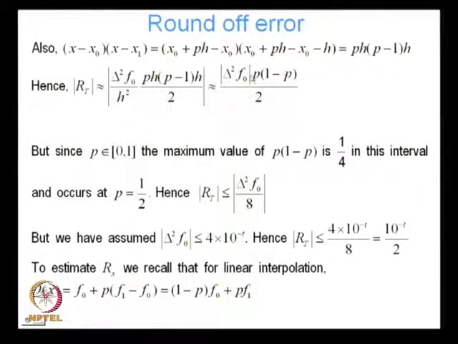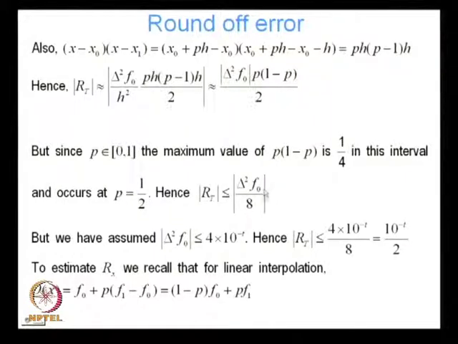The maximum value of p times 1 minus p is 1/4, and it occurs when p is equal to half. Therefore this must always be less than delta square f0 times half into 1 minus half by 2, which is 1/4 by 2, that's equal to 1/8. So this is always less than or equal to delta square f0 by 8.